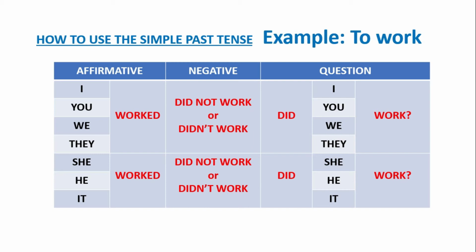That is a tip that I give to you to learn. When you use the simple past tense, you use the auxiliary verb did only in negative and in question statements. Okay, let's continue.